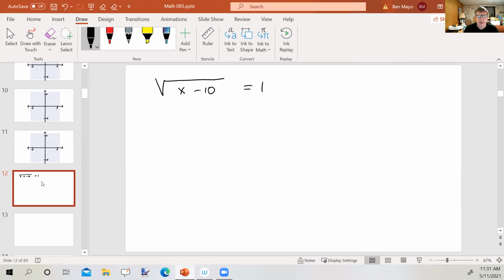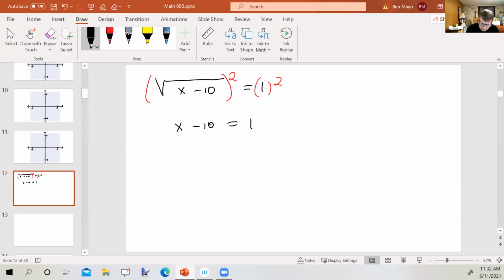Just like in solving absolute value equations, where there's just one absolute value term, we want to isolate that term. In this case, the radical term has already been isolated. What we're going to do now is square both sides of the equation. Squaring the square root gives us x minus 10, and on the right side, 1 squared is 1. So when we square a square root, it gets rid of the square root symbol.